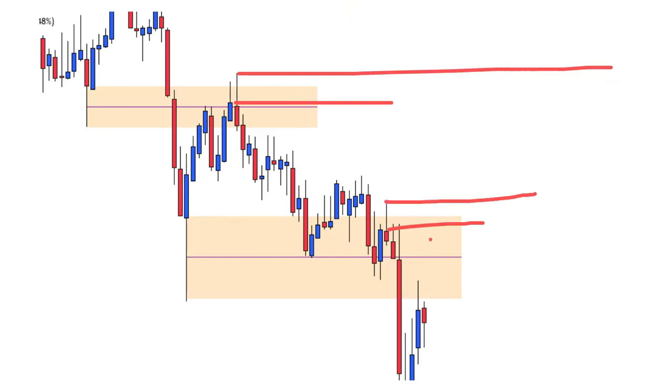So when looking at it, you begin to see how to map out all of this. The same thing happened here as well. You can see this was a rejection wick. Price came, gave us a reaction, and then pulled back into this rejection wick, and then fell to the downside. And it's pulling back now to retest this level.